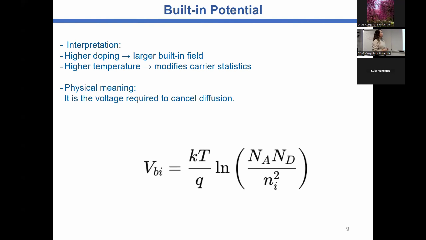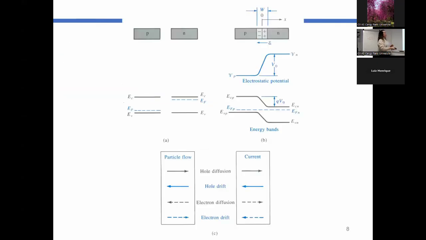So in terms of the built-in potential, in terms of physical meaning, what is the voltage necessary to counteract this deflection in the band to make a flat band?